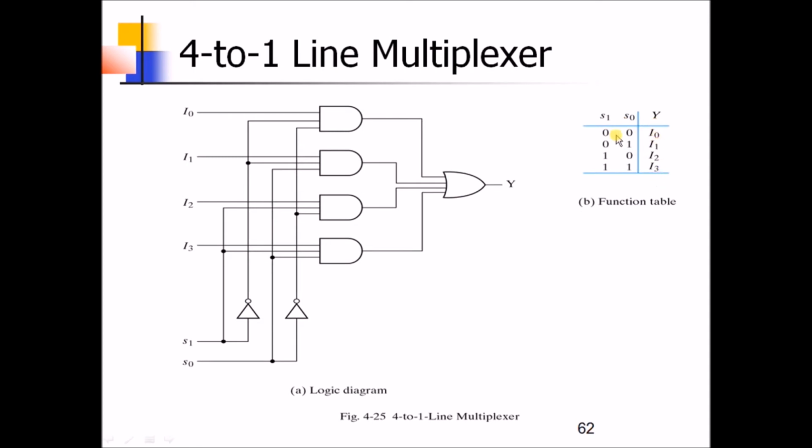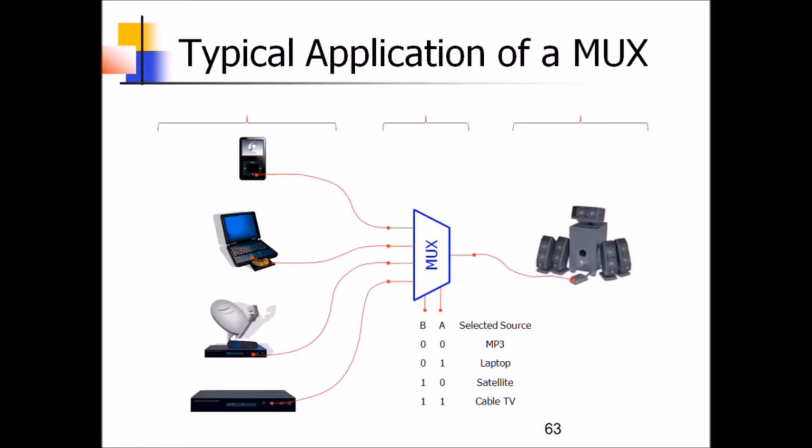If S1 and S0 are 0 0, then the output would be I0. In the same way, for 0 1 the output would be I1, for 1 0 the output would be I2, and for the last combination 1 1 the output would be I3. This is the logic diagram of the 4 to 1 line multiplexer, implemented using logic gates.